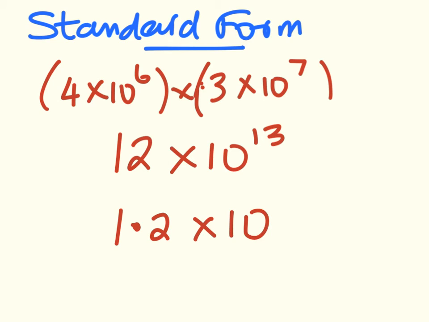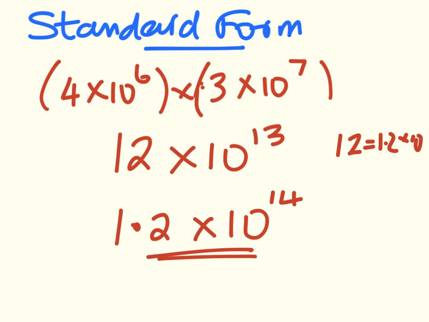That means that we need to actually add 1 to the power here, so it's 1.2 times 10 to the power 14. Okay? Think about it, 12 is actually made up of 1.2 times 10. So we're having to put another times 10 in. If we put another times 10 in, the power jumps from 13 up to 14.